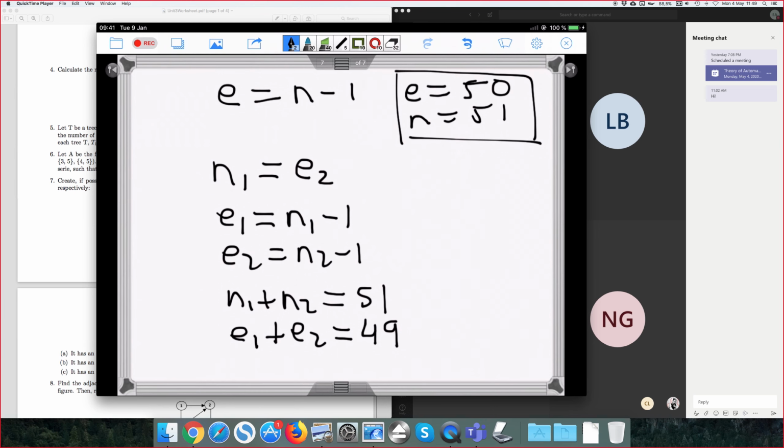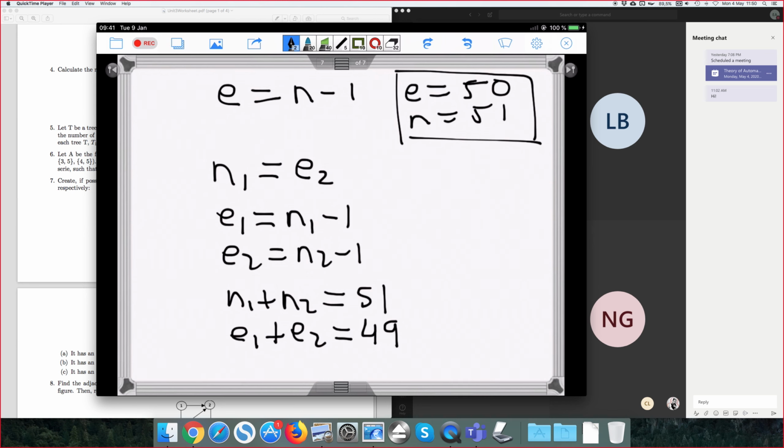If I sum up these two equations, I obtain exactly the same information as here. This is not useful.